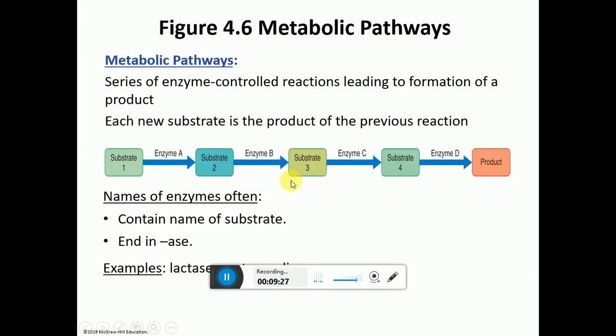A metabolic pathway means that these reactions occur in a certain order. It's kind of like when you're mass producing things, they have to occur in a certain order. The enzymes act in that certain order. So you've got substrate 1, 2, 3, and 4, and then you've got your end product.